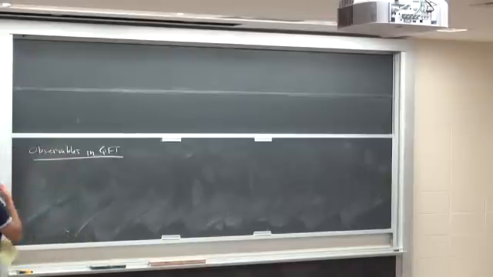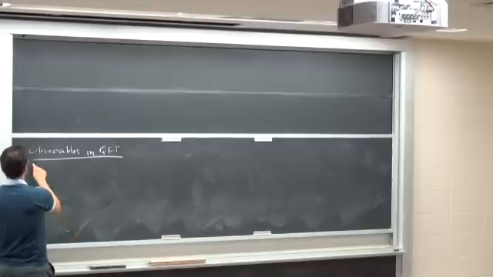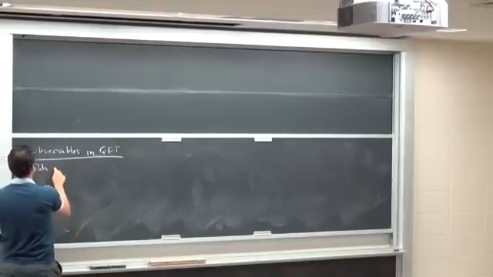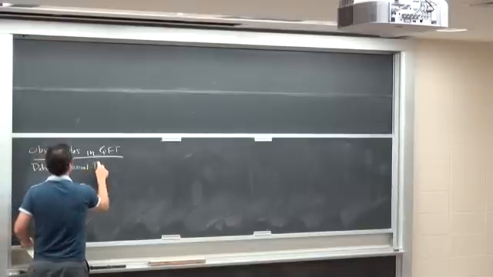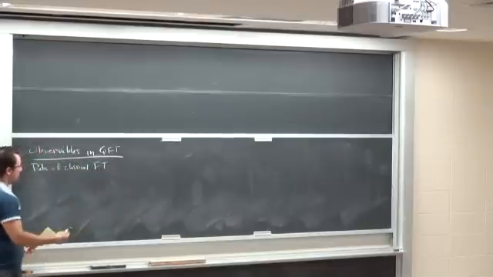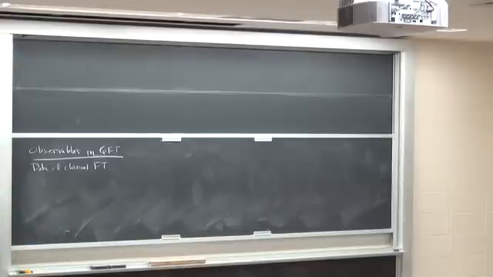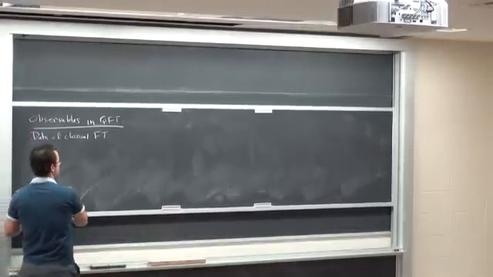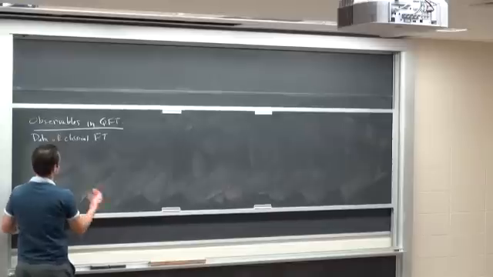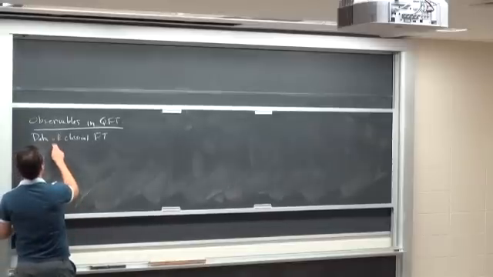So what's the data of a classical field theory? Kevin gave a nice definition this morning, but let me organize the data in a slightly different way, so it might look more familiar. Or possibly less familiar. OK?